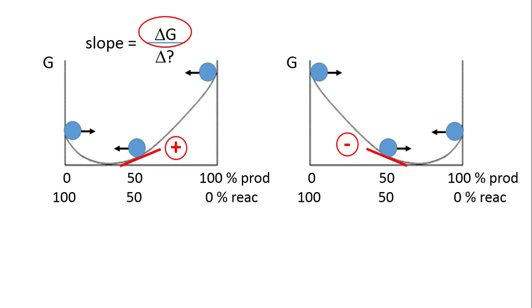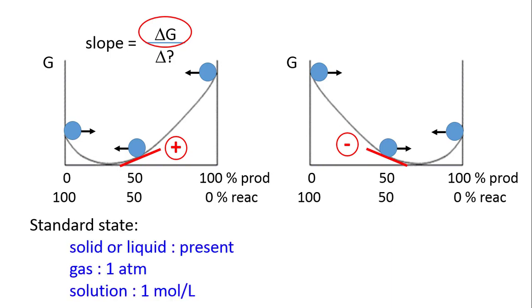The 50-50 point, 50% reactants and 50% products, is significant. Recall what we said about standard states. For solids and liquids, they just need to be present, but for gases, the standard state is the presence of a gas at 1 atmosphere pressure. The standard state of a solution is the presence of the compound at 1 mole per liter concentration.